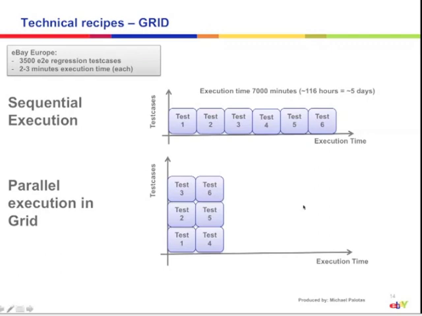Today we have about 150 VMs or browsers, so we're still trying to fine-tune this, but basically we have 150 browsers running in this grid.